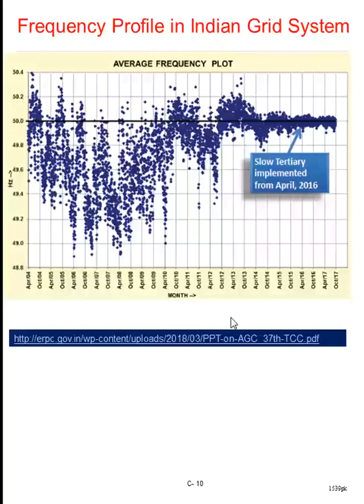This indicates how the frequency deviation in the Indian grid system has progressed over the years. You can find that in recent years, the frequency deviation around the nominal value has remained in a narrow range.